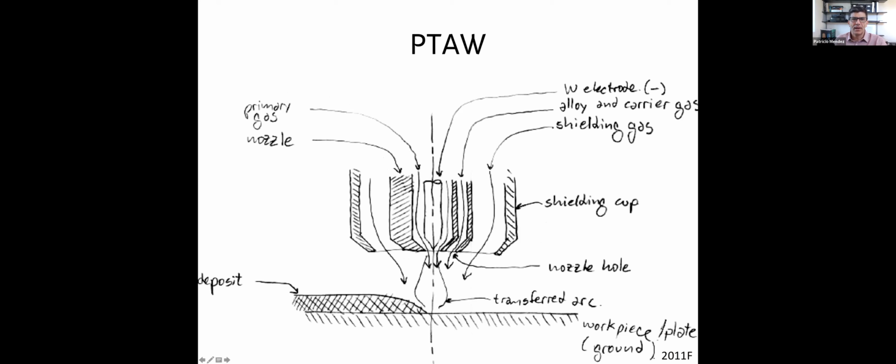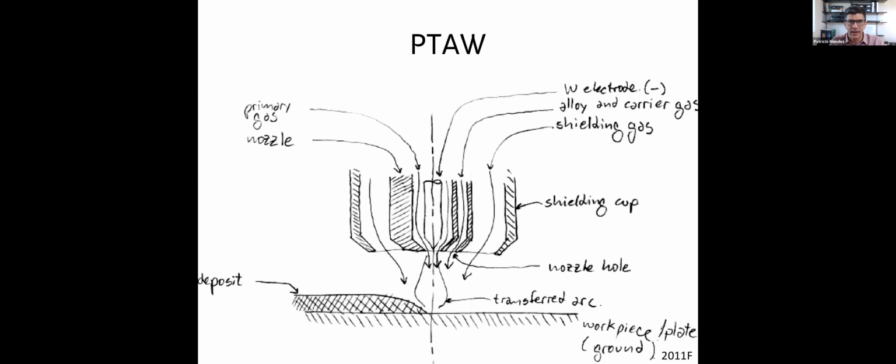There are two types of plasmas. In this plasma transfer arc welding, the current transfers from the tungsten electrode to the base plate. So in reality, PTA or plasma arc welding does not look at all like TIG or like any other welding process.